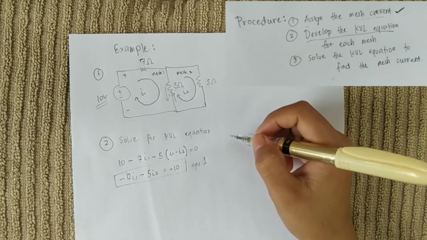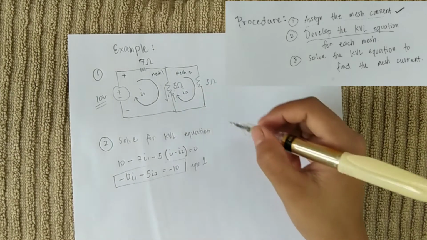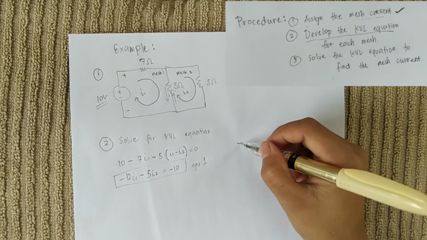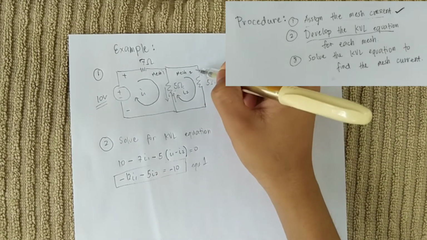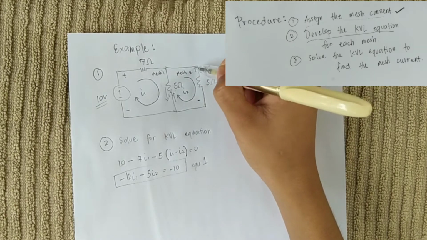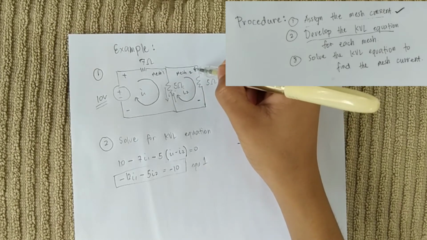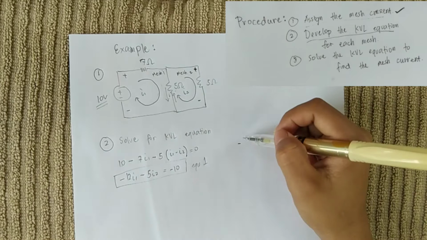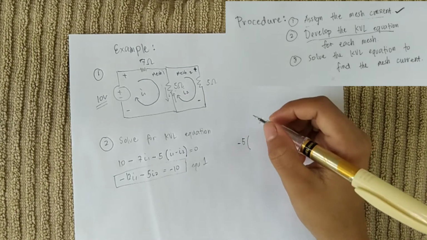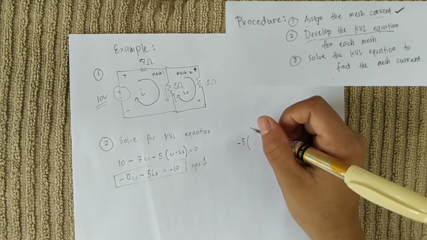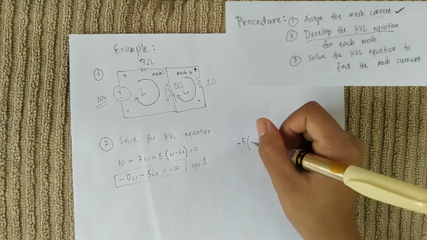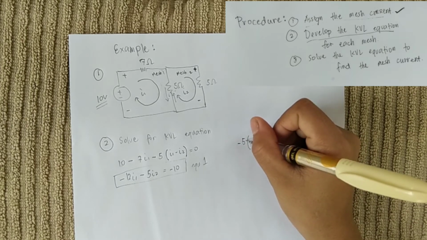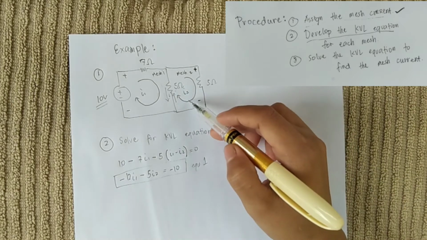Then next is the second loop or the I2. It's negative 5 because it's going down, which is the negative side. So going down is negative. It's negative 5 again because it's between the I2 and the I1, which is when it's going up, the I2 goes to the negative sign.